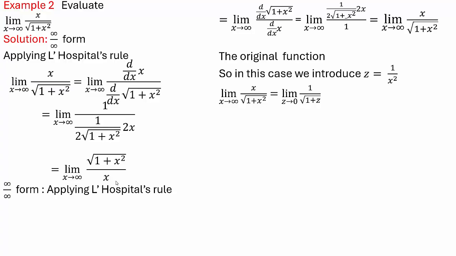Therefore, limit x tends to infinity of x divided by root of 1 plus x square becomes limit z tends to 0, since x tending to infinity means z tends to 0, of 1 divided by root of 1 plus z, which is nothing but 1. Therefore, limit x tends to infinity of x divided by root of 1 plus x square is 1.